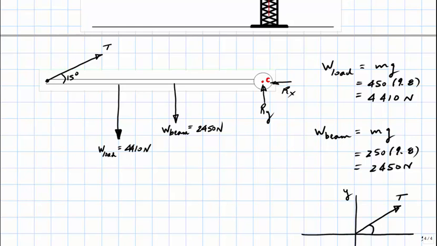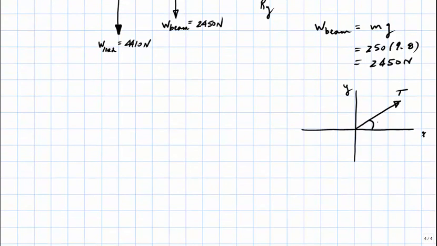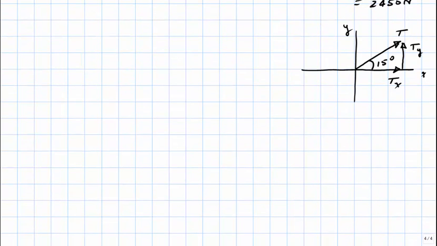That's not always the case, but it is the case for this problem. So this is a 15-degree angle, and we would like to now identify the x and y components for the tension. Of course, this represents T sub x, and this arrow represents T sub y, and from trigonometry, T sub x will just equal T times the cosine of 15 degrees, and T sub y will equal the tension times the sine of 15 degrees.